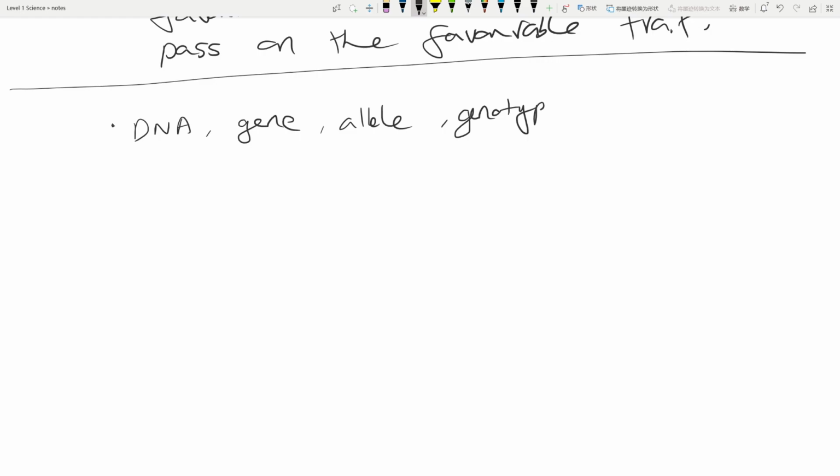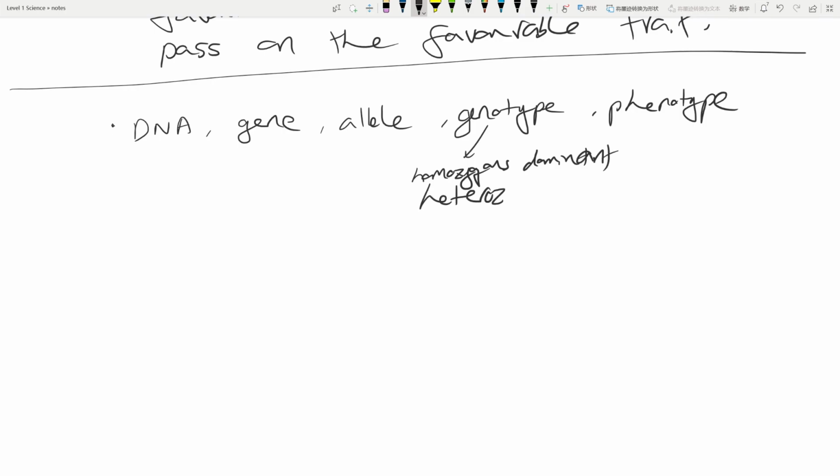Genotype, phenotype, and then from the genotypes you got the homozygous dominant, heterozygous, just some terminologies. Homozygous recessive, do you know what these words mean? And then mutation, just terminologies that you need to be very, very familiar with.